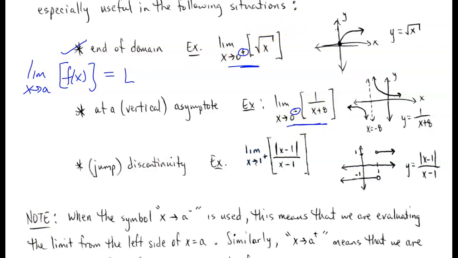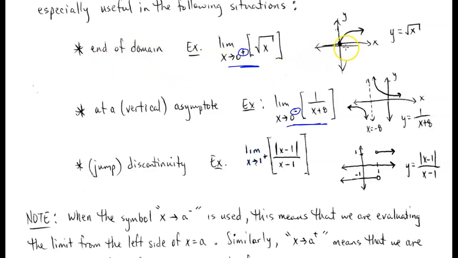So now that we have that cleared up, let's look at situations where one-sided limits would actually make sense for us to even consider. So, of course, one consideration is when we're at the end of a domain of a function.